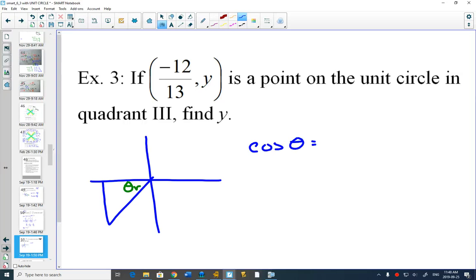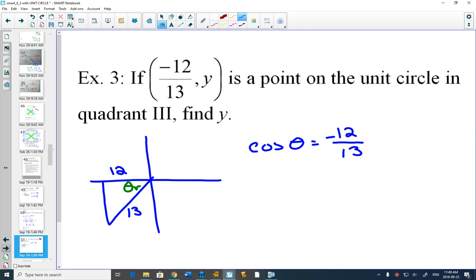Cos of theta is negative 12 over 13 because that's the x-coordinate on the unit circle. And if we know that, we can label part of this triangle: adjacent over hypotenuse. This length would be 12. This length would be 13.